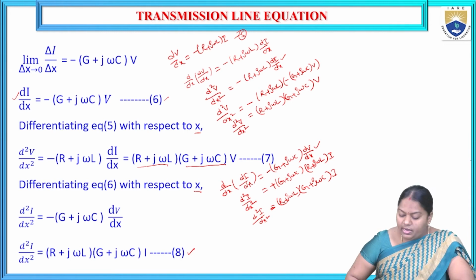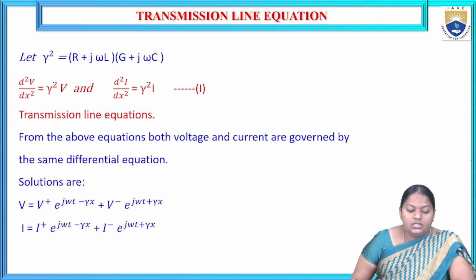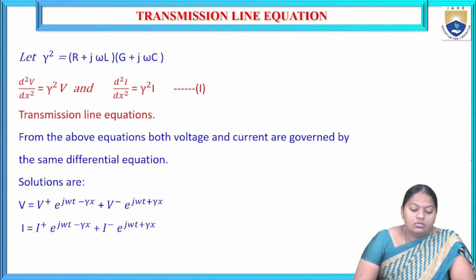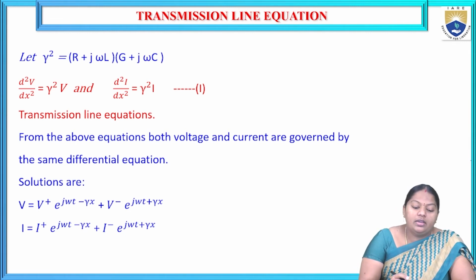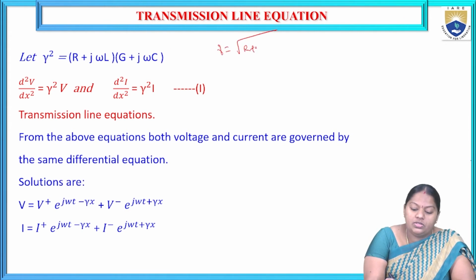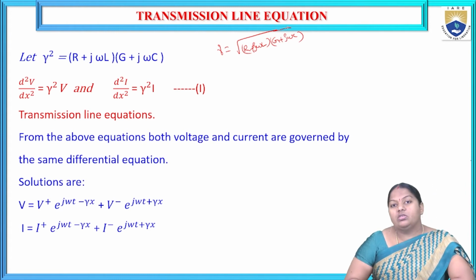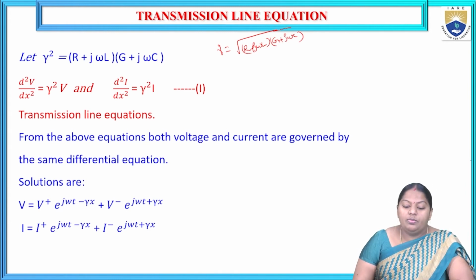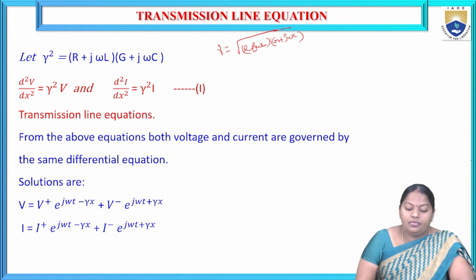So from 7 and 8, we can write, let gamma square equal to this, where gamma is said to be the propagation constant of this transmission line, and it can be considered as gamma equal to root over r plus j omega L into g plus j omega C, where R, L, G, C are the primary constants of a transmission line and omega is the angular frequency of that wave.